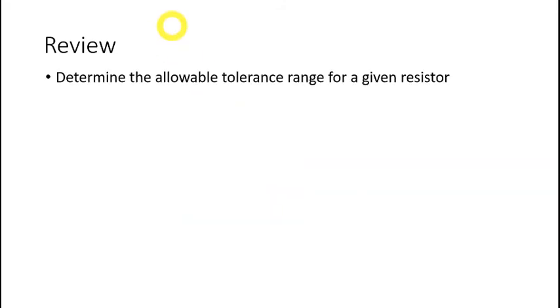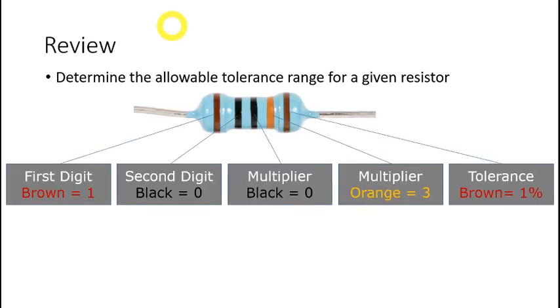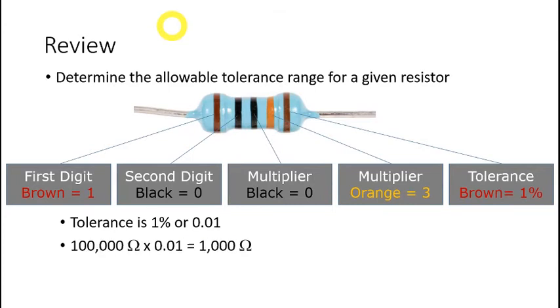So here we're going to determine the allowable tolerance, and we're going to pick up with that same example that we just had. If we take our tolerance band, it's brown, so it's going to be 1%, and that 1% means the same as multiplying 0.01 times my nominal value. So I have 100,000 ohms here times 0.01.